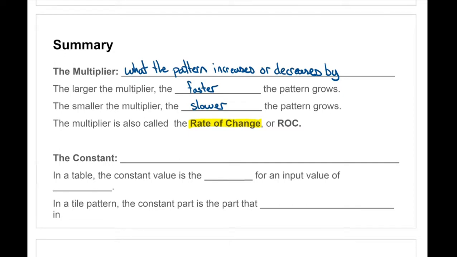The constant is what the pattern starts at, or you could also refer to it as what stays the same.